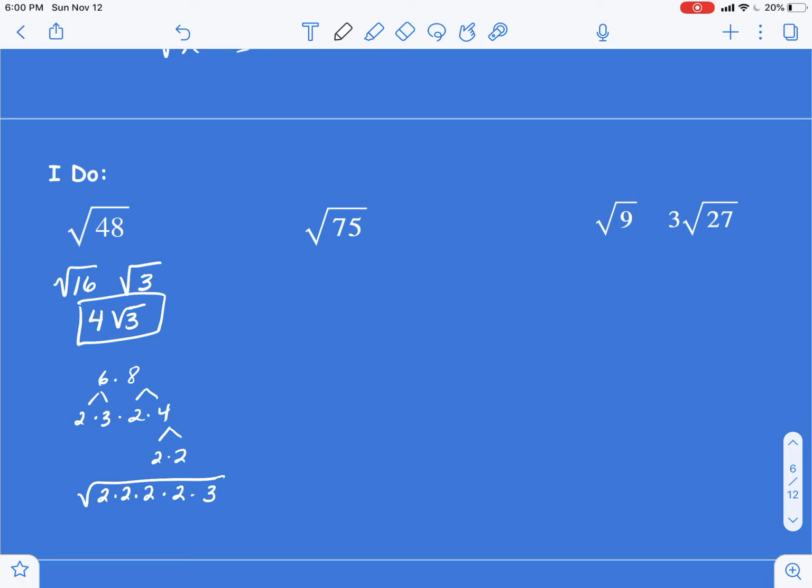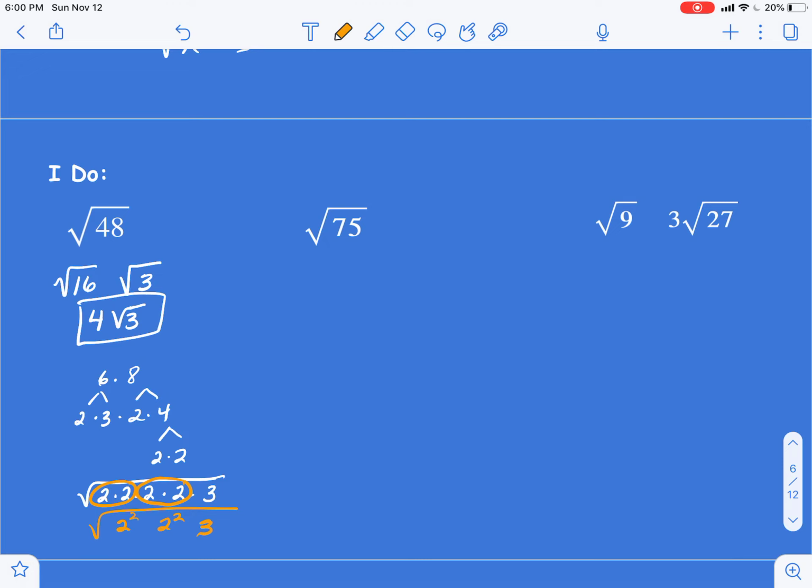And here's the thing about it, guys. If we're looking for the square root, I need two 2s, right? Because again, remember, r is the square root if r squared is that number. So in this case, this is 2 squared and 2 squared, and a 3, if you want to think of it that way.